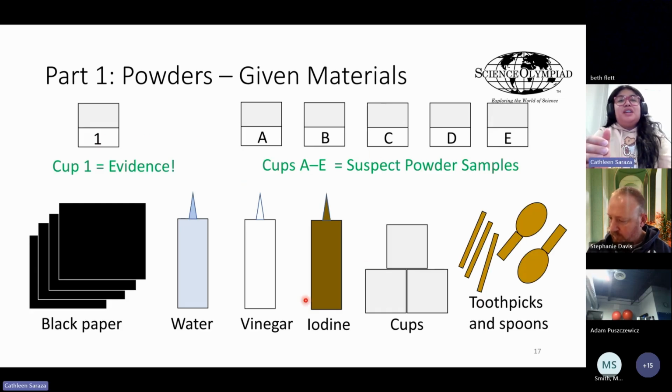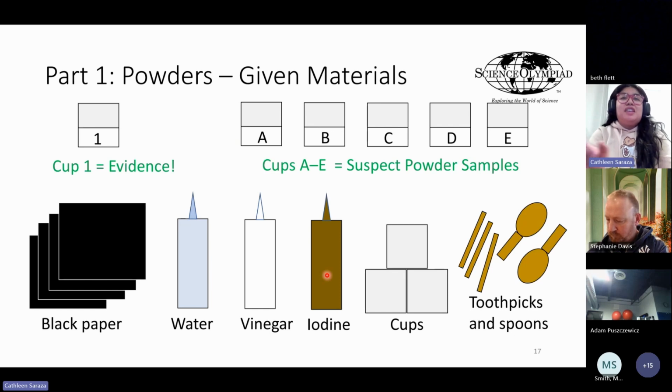To identify these powders, the students will use the black paper, water, vinegar, iodine, the plastic cups, toothpicks, and wooden spoons that are given to them. The idea is to take a small portion from each cup, either put it in an empty cup or on black paper using the spoon, and test it with the liquids as well as looking at the powder, both wet and dry, using the magnifying glasses.